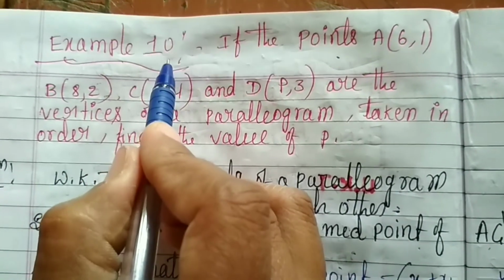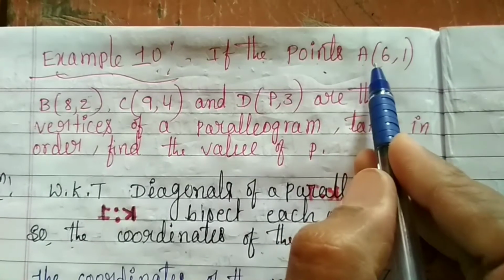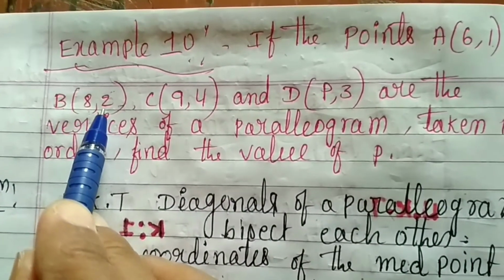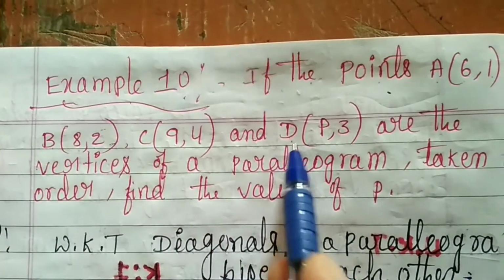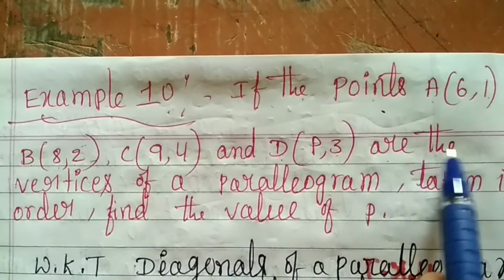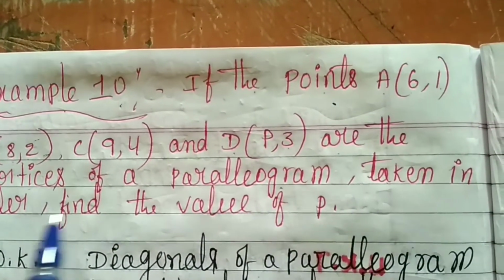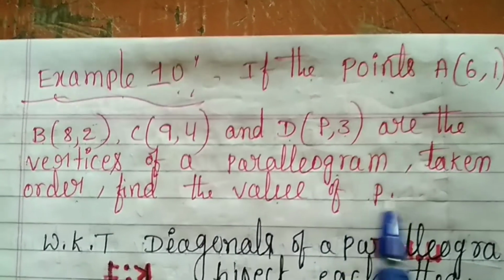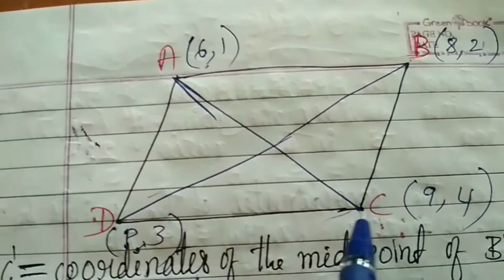Example 10. If the points A of 6, 1, B of 8, 2, C of 9, 4, and the last one D of P, 3 are the vertices of a parallelogram taken in order, find the value of P. Dear children, we draw a parallelogram ABCD.